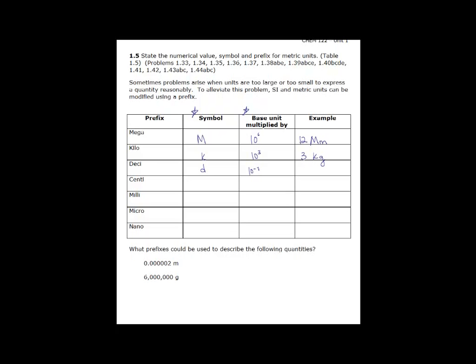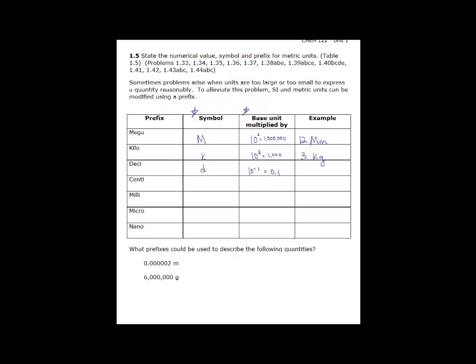So you notice that mega and kilo don't have negative exponents. They have positive exponents. So really that means you're multiplying it by a larger number, whereas deci, you're multiplying it by a smaller number, or a tenth.